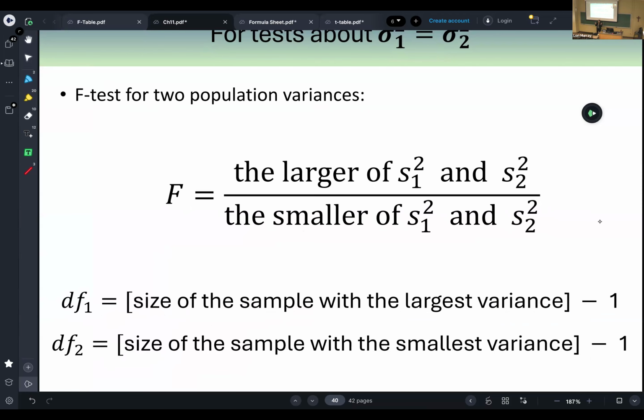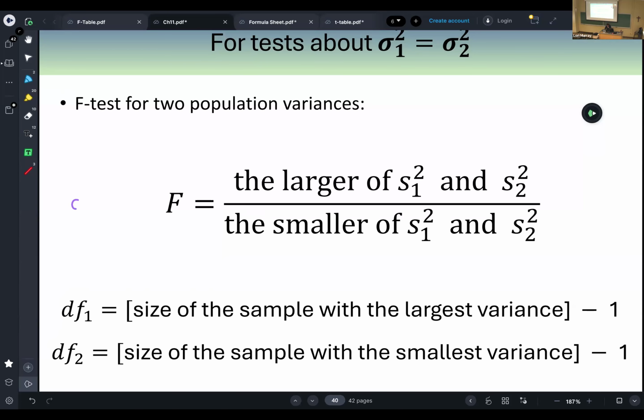You just literally take the largest of your two variances. If population 1 variance is greater, you put it in the numerator, and then you put the smaller one of the two in the denominator. You have what is called the F ratio. We call it the observed F.